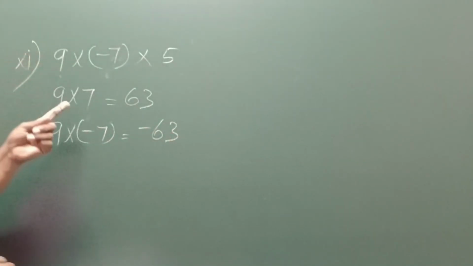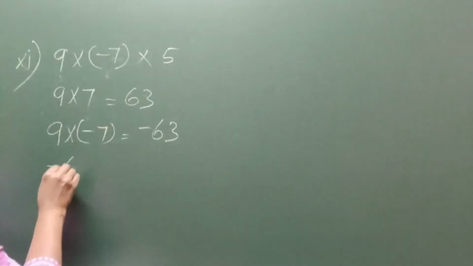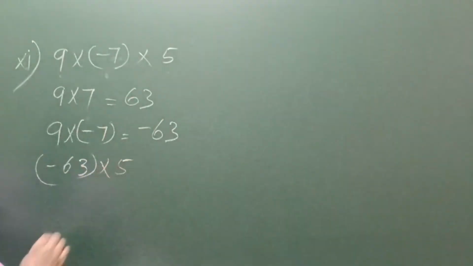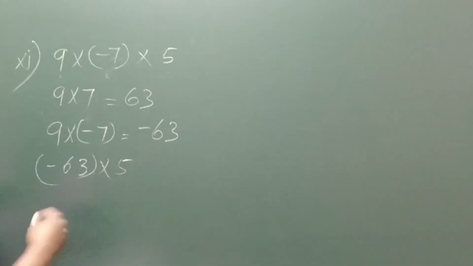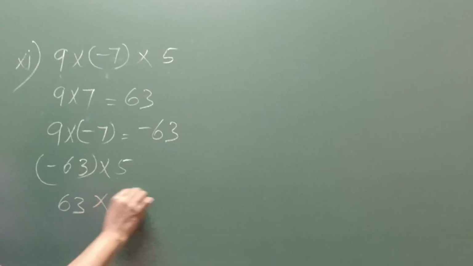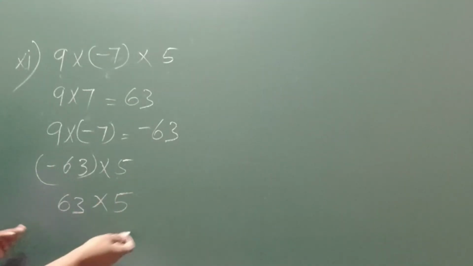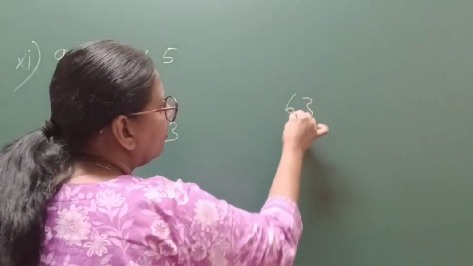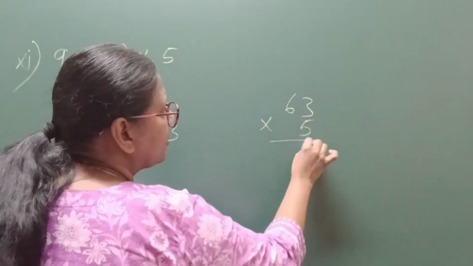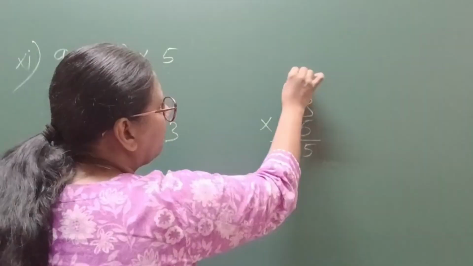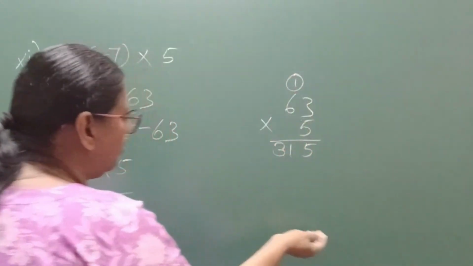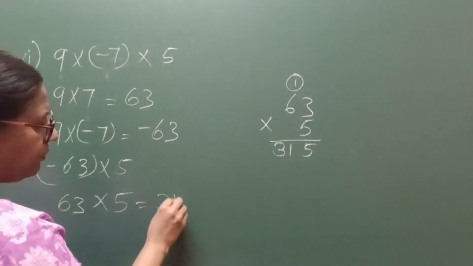Understand? Now again what we have to do is minus 63 into 5. Here minus 63's absolute value is 63 into 5, which is positive. Now 63 into 5. 5 3s are 15, 1 balance. 5 6s are 30 plus 1, 31. So 315.